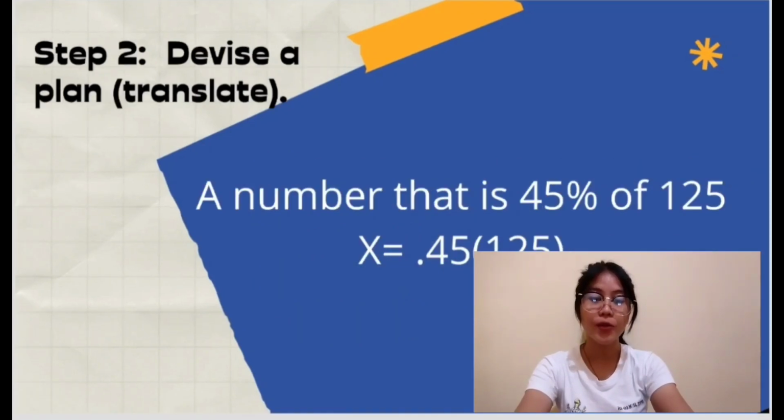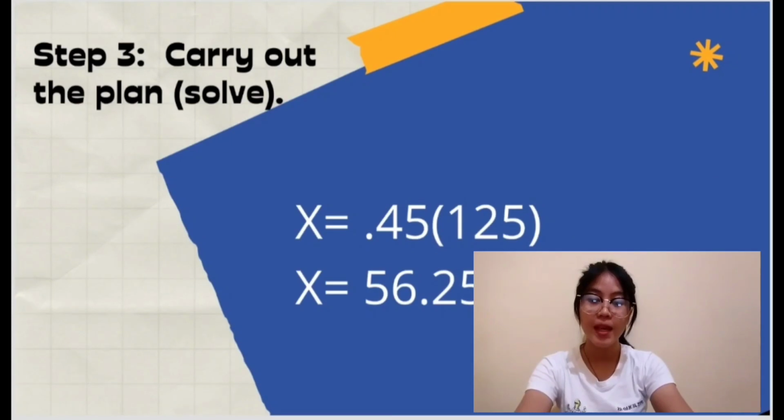A number that is 45% of 125 is x equals 0.45 times 125. Step 3. x equals 0.45 times 125, which equals 56.25. So you multiply 0.45 and 125.